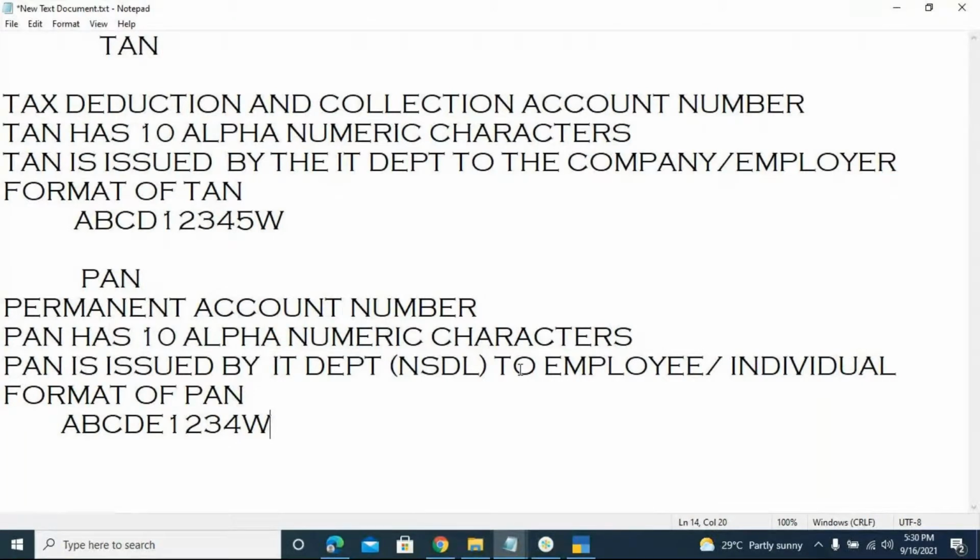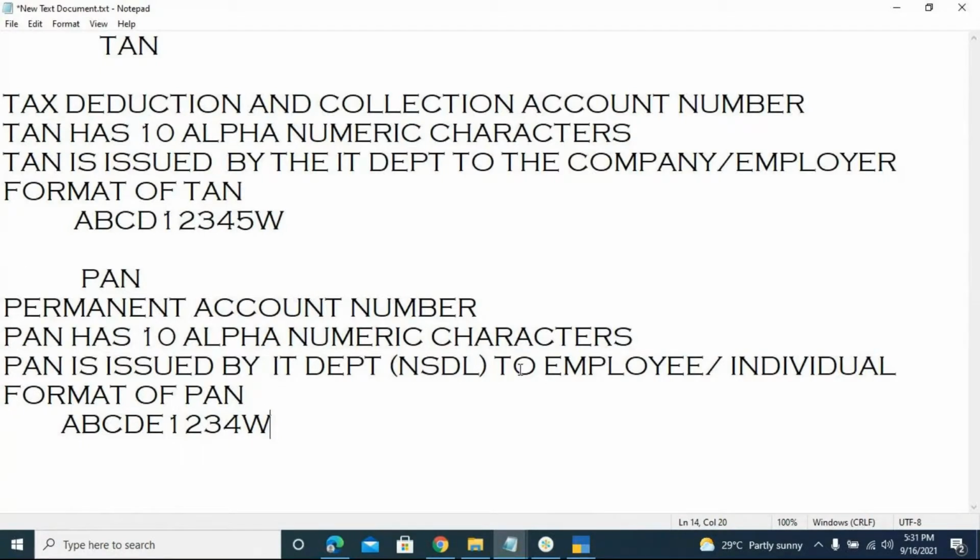And for your information, I think I told you when I started with GST, from when GST was implemented in India, if a trader or a dealer wants to apply for registration under GST, his registration would be granted on the basis of his PAN.